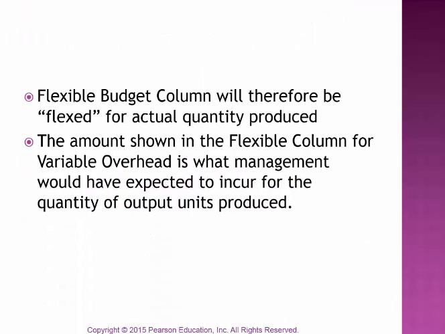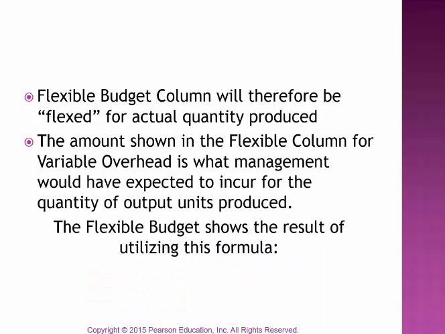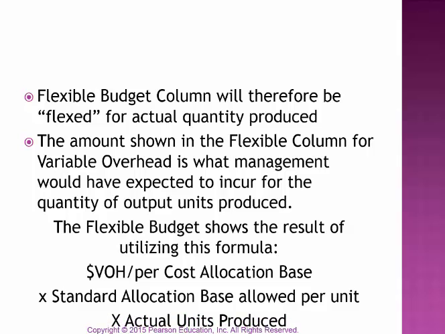All right, so the amount shown in the flexible column for variable overhead is what management would have expected to incur for the quantity of output units actually produced. And then we're going to take this result and compare it to the actual results, what we've really actually had to spend on variable overhead. And then we're going to calculate the variances. All right, so the flexible budget shows the result of our formula, which I have already shown you once before already.